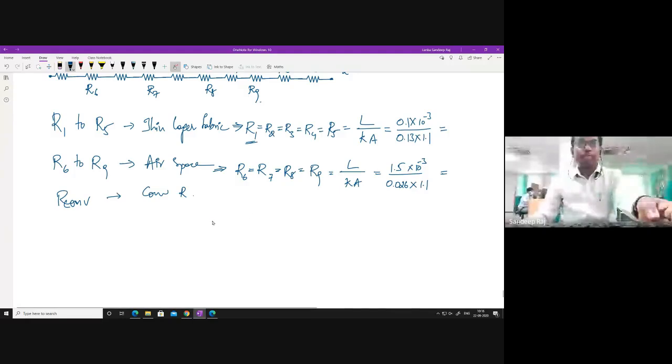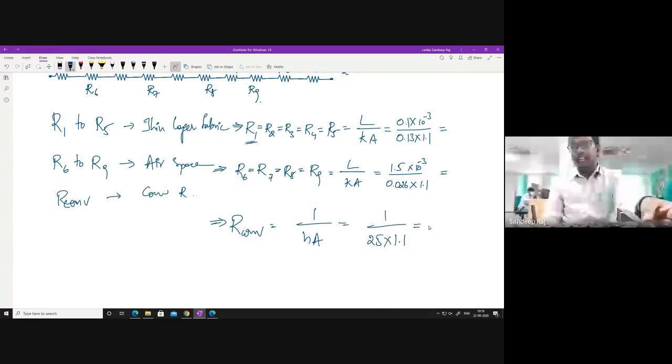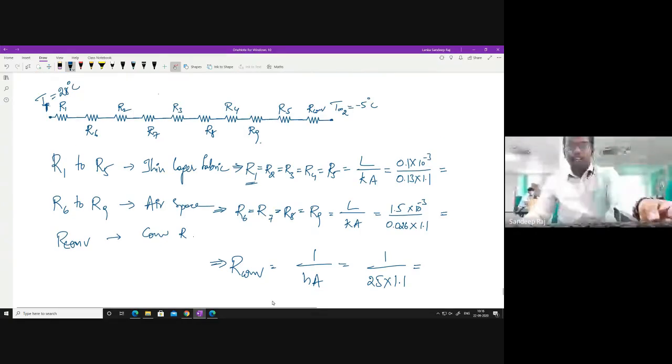Also, we need R convection, which is 1 by HA. It is given as 25 in the question. A is 1.1. And please calculate all these values and tell me.